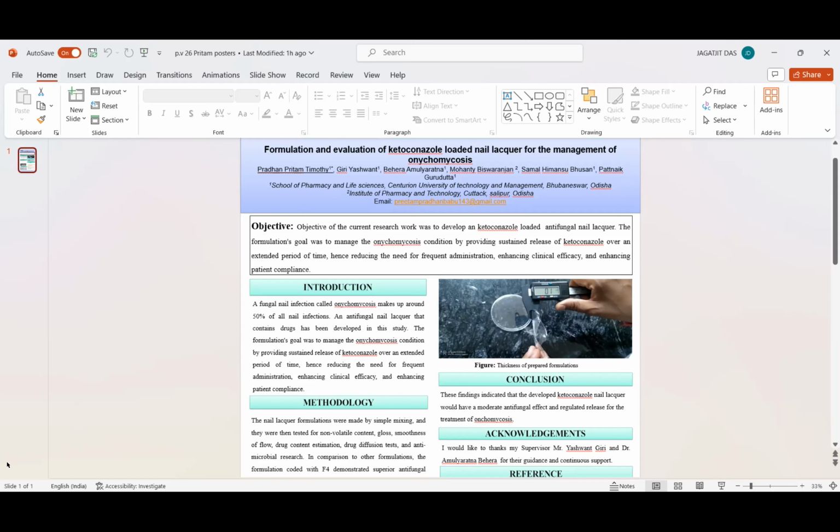Here is my introduction to the fungal nail infection called onychomycosis. Onychomycosis is a fungal infection of the nail unit. The nail lacquer contains the drug developed in the study, and the formulation aims to manage the onychomycosis condition. Here is the methodology.